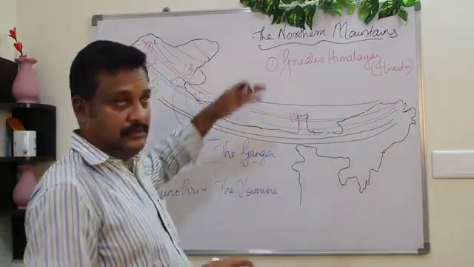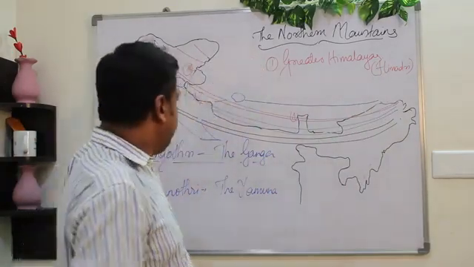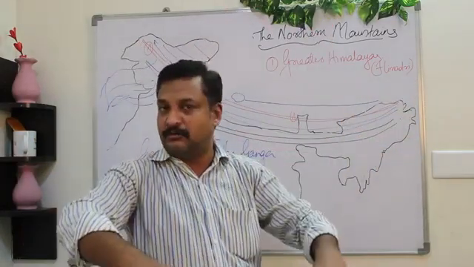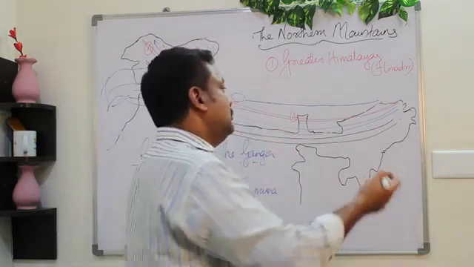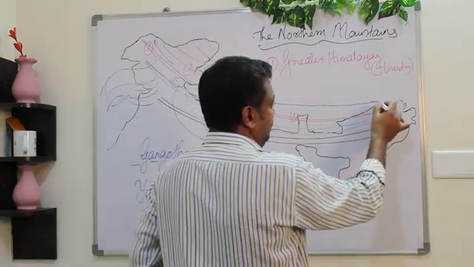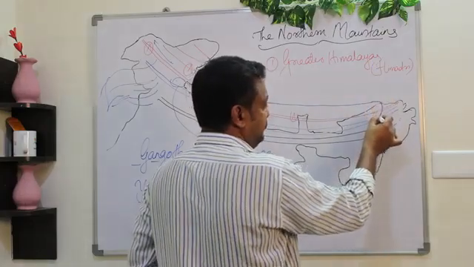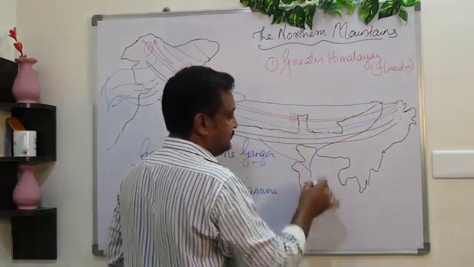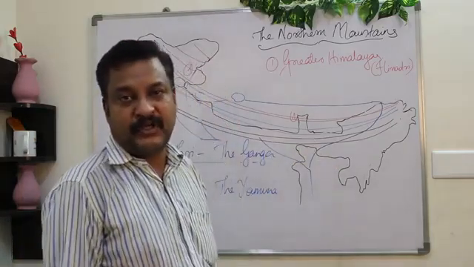We read earlier, when the Himalayas reach the Arunachal Pradesh region, they become shorter mountains, isn't it? So there is a gap in between the mountains through which this Brahmaputra river enters India, and from there it flows and joins Ganga. Okay?